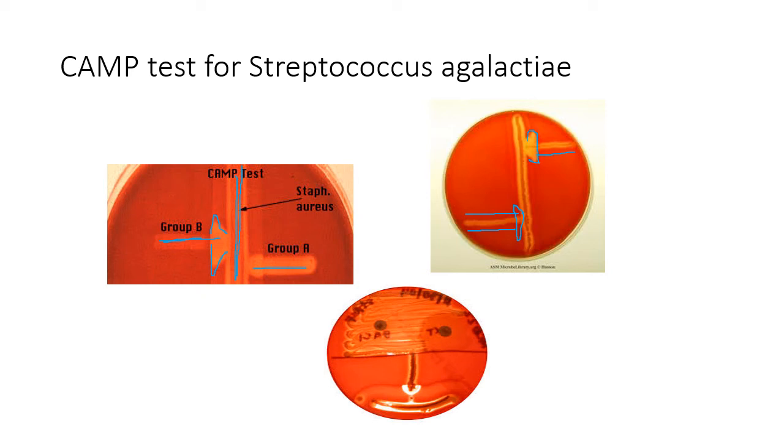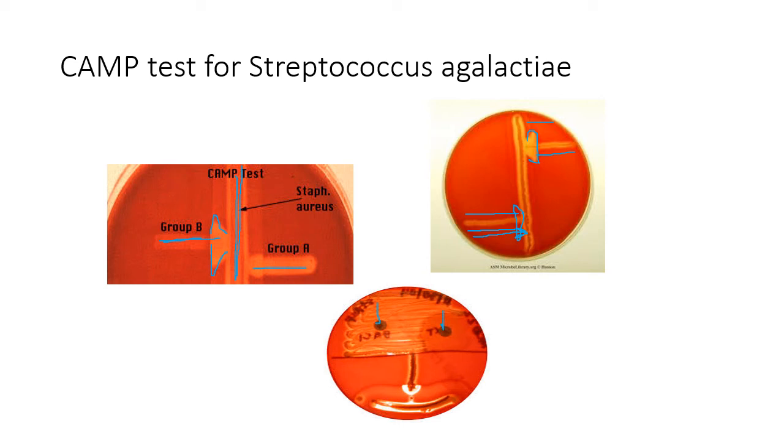Usually we have a positive control and a negative control. This is my negative control for CAMP. This is my positive control for CAMP, and here is the test strain, which is coming positive. This is just a smiley where you can see there are two bacitracin discs, one here and one here.